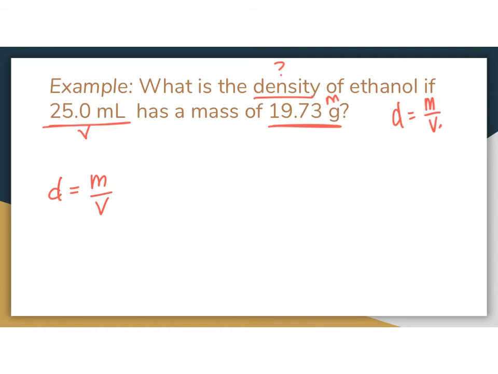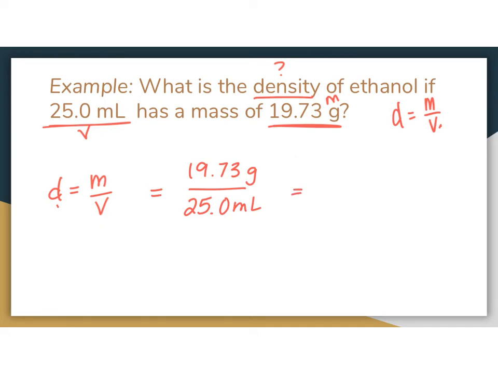All right, and then if I'm going to put in the numbers now, my mass would go on the top, so 19.73 grams on top. And then my volume just goes on the bottom. So this probably is really similar to math. I'm not sure if they have you put in the units when you're doing it, but I know that density's unit is going to be grams per milliliter, so I don't have to worry about canceling anything out.